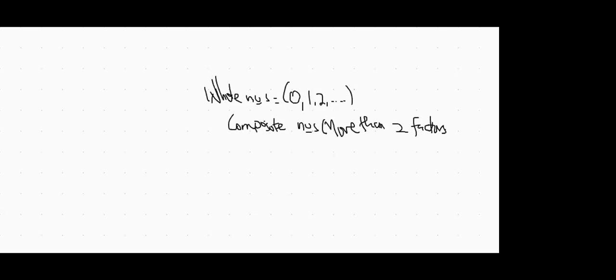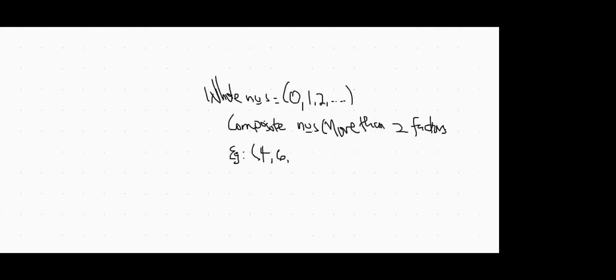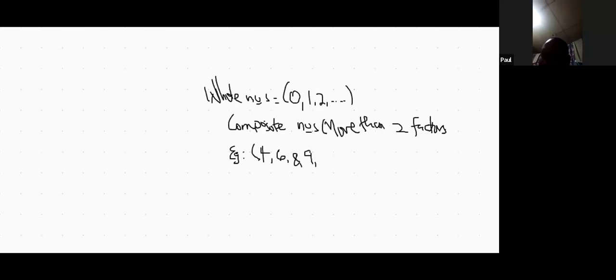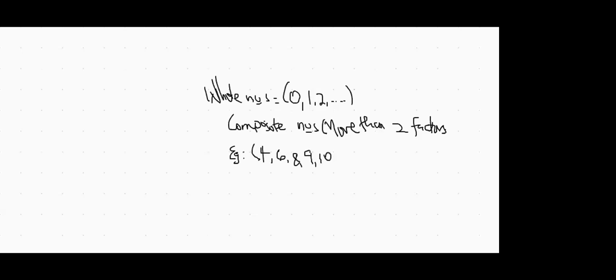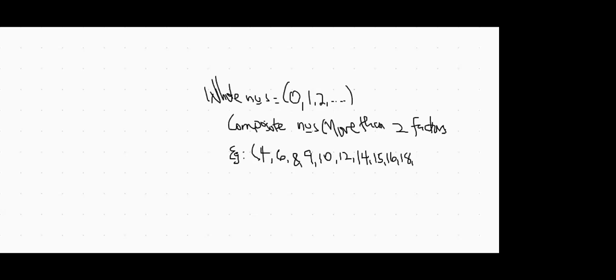Prime numbers, we said they are greater than 1, but have only 2 factors. And we are saying composite numbers have more than 2 factors. So please help me with the first 10 composite numbers you can think of. 4, 6, 8, 9, 10, 12, 14, 15, 16, 18.